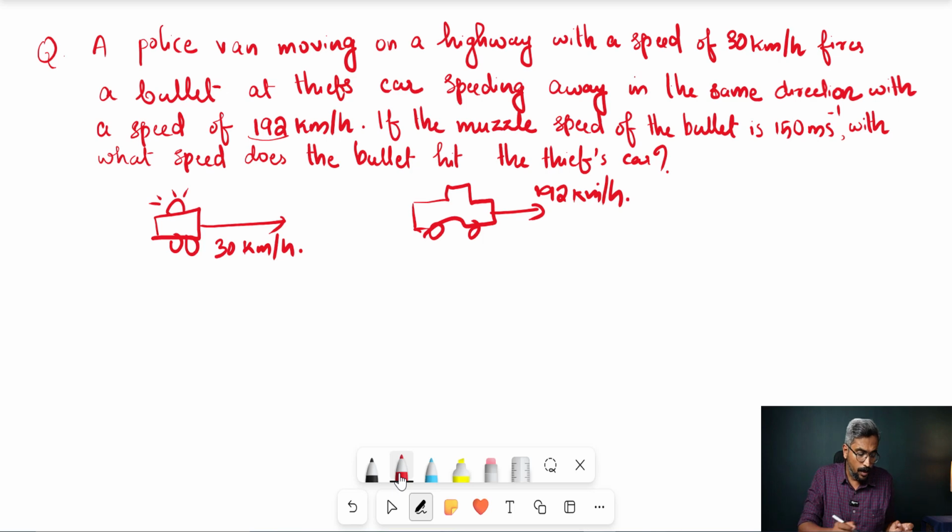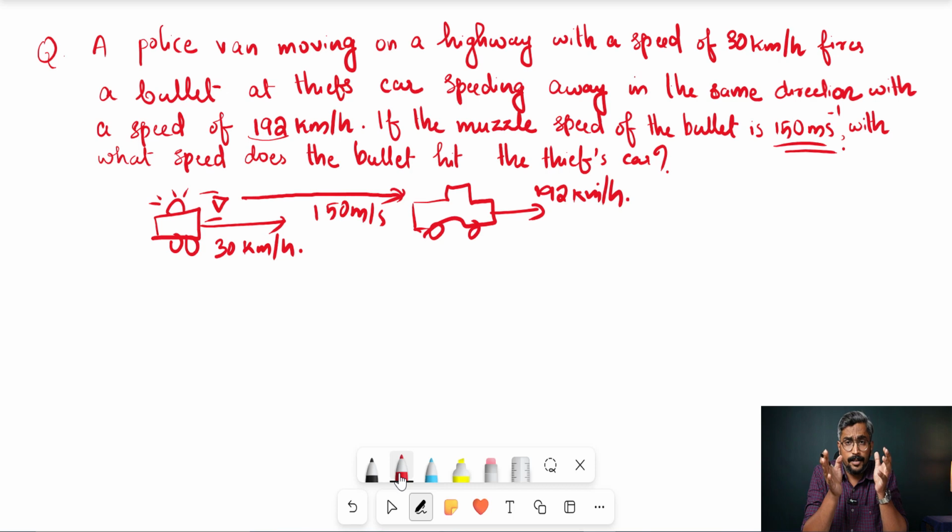Now, the question says that a gunshot was given. The police van had given a shot. Then the bullet is moving towards the car at a speed of 150 meters per second.